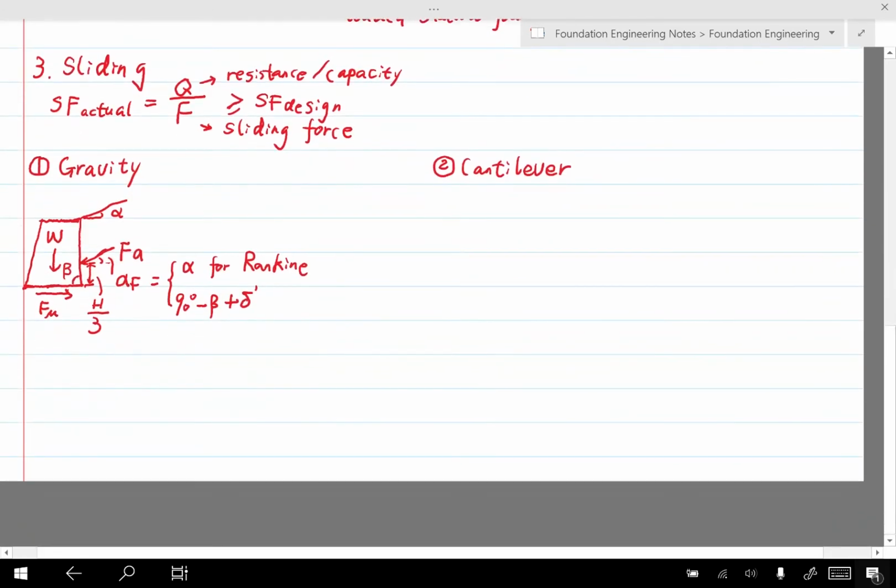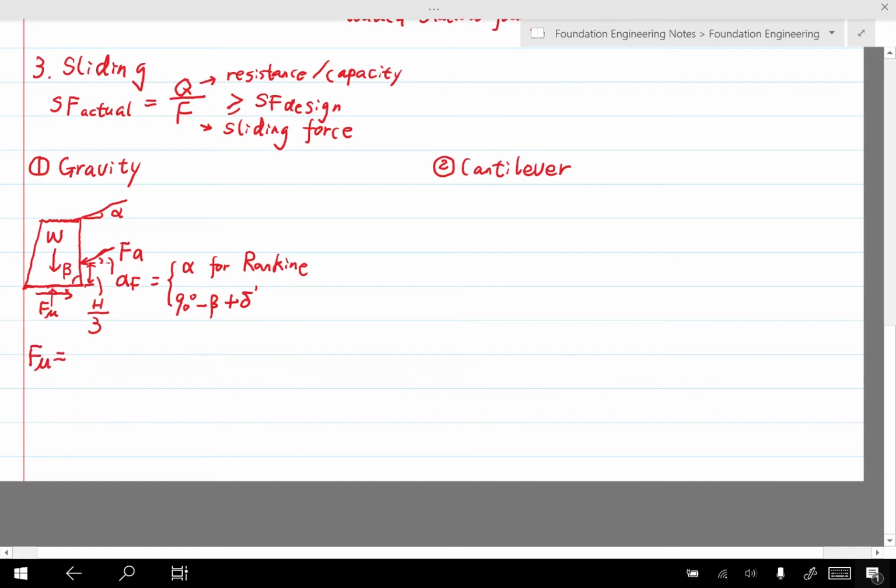Then let's take a look at how to get the Q and F. Before we get Q, actually, there's another force, that is the normal force. This normal force will cancel out with the normal force from the weight and also from the vertical component of Fa. So how to calculate F mu?